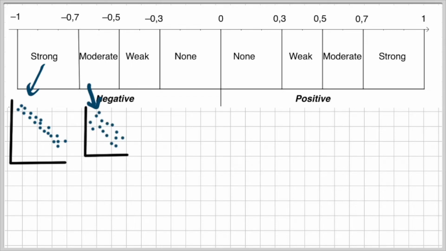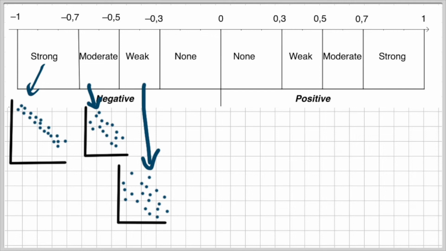Still going down because of the negative, so sloping down, but more spread out. Weak, look how much more that is spread out. And if there's no correlation, you can kind of see, it looks like it might be going down, but it's a really bad prediction. So even if you fit a line through that, it's a bit dodgy to try and predict Y values or X values because there's a very weak correlation.